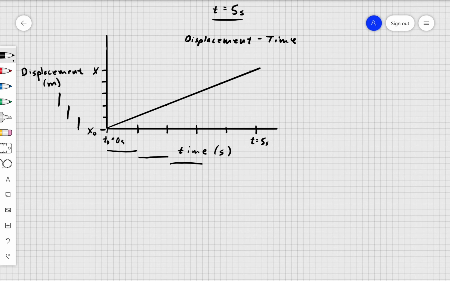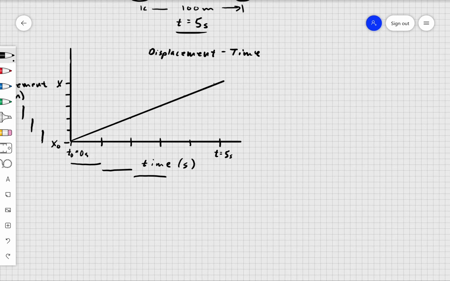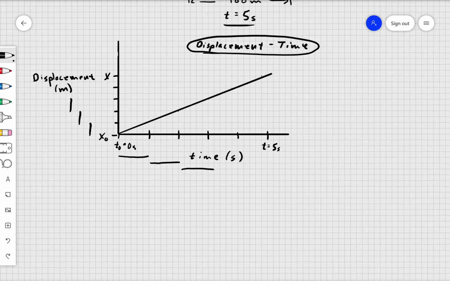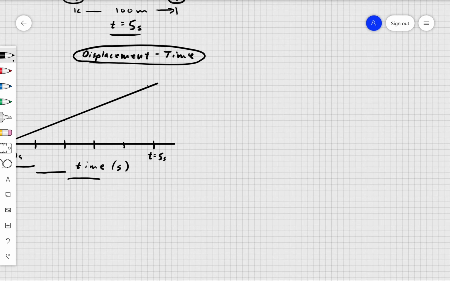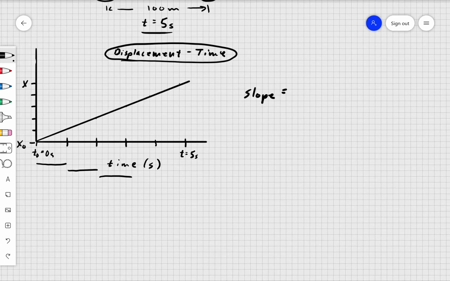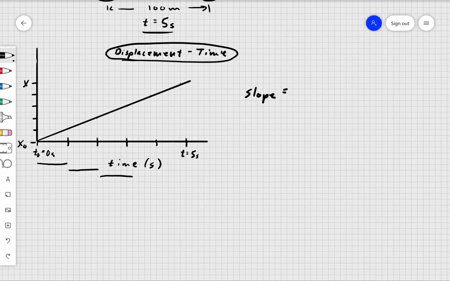And now what we can learn from this linear graph is relatively interesting. For example, let's pay attention to the fact that this is a displacement time graph. That's too tedious. I'll just call it a DT graph from here on out. So on a DT graph, the slope gives us something interesting. So slope, we know, is the rise over the run, the change in the y value over the change in the x value. So for any segment of this line, this change in y value is actually the change in x.